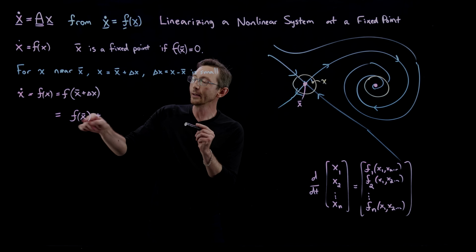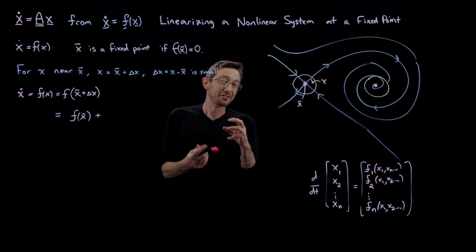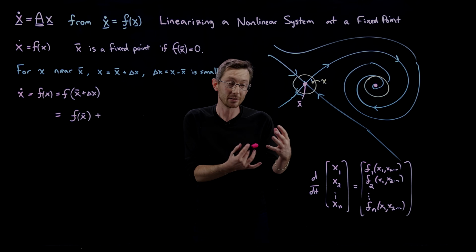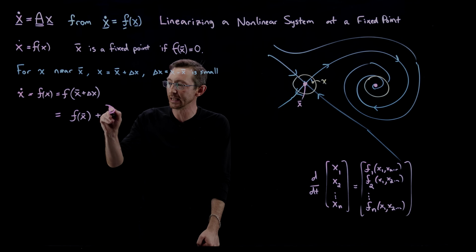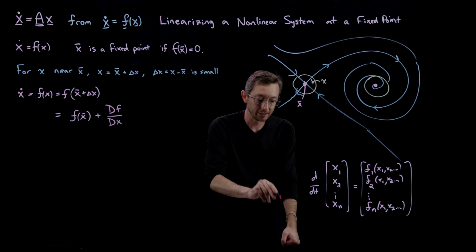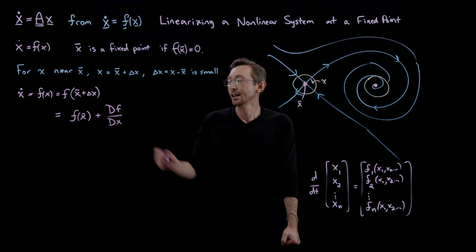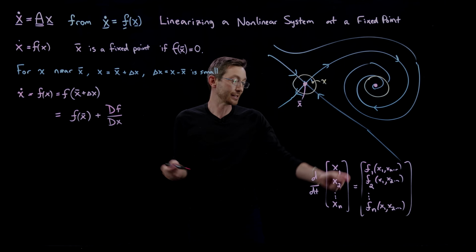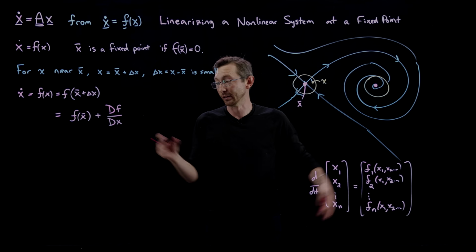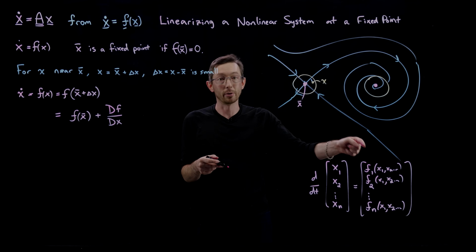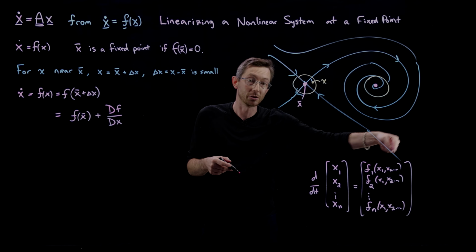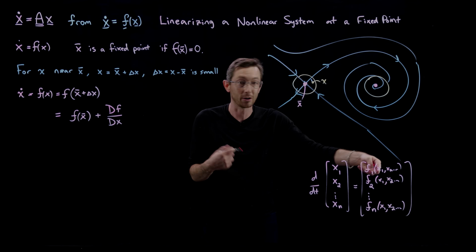When I compute the derivative of f with respect to x, this is actually a matrix derivative called a Jacobian. So usually we write it with a big capital D f over D x instead of little d f little d x, because that means I'm going to take a matrix of derivatives. I'll show you what this means in a minute, but it's a matrix of partial f1 partial x1, partial f1 partial x2, partial f2 partial x1, and so on.